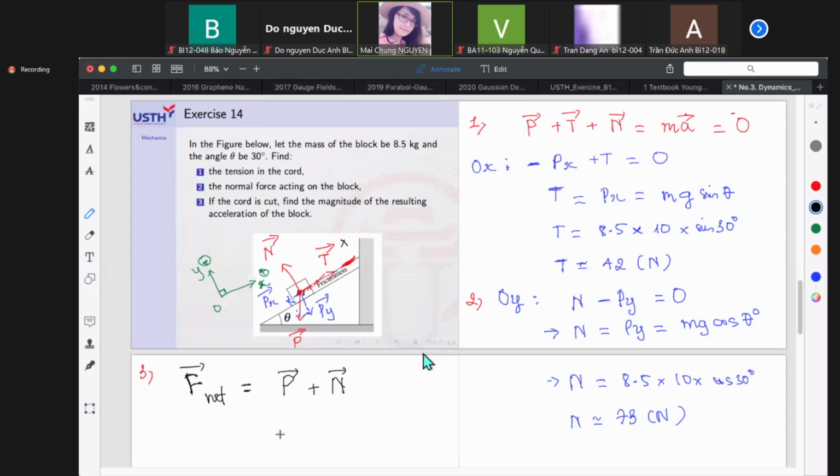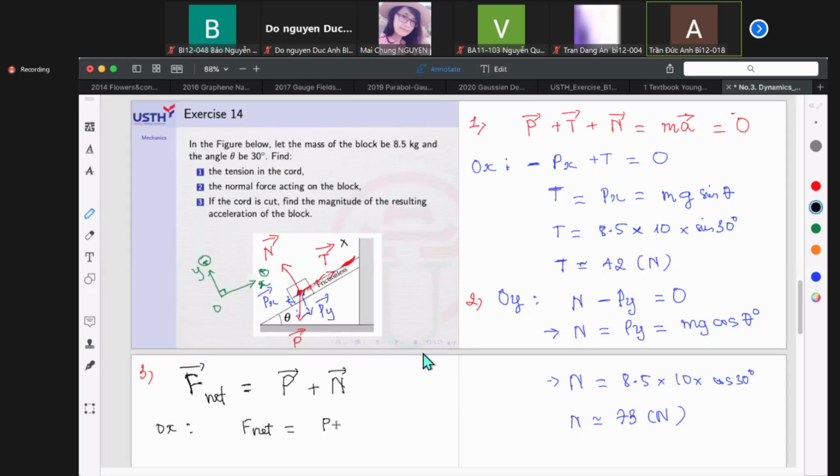So we consider the motion of the object below the plane. That means we consider F net on the Ox axis. So what about the F net below the Ox? It's about the px. We have the F net equal to the px.